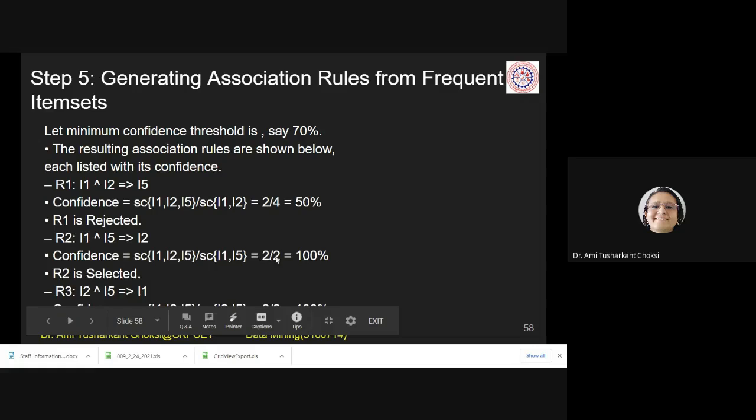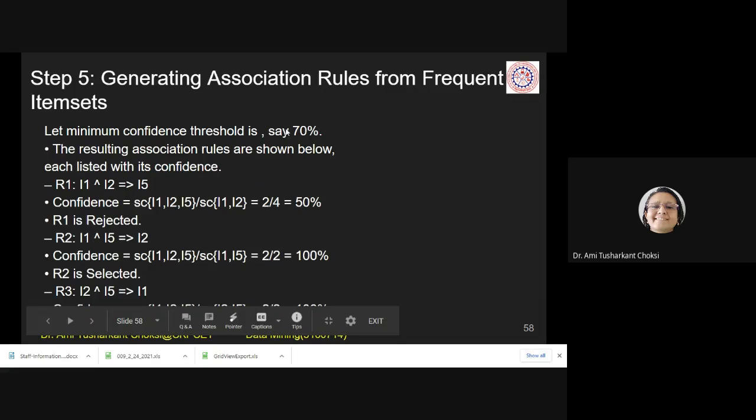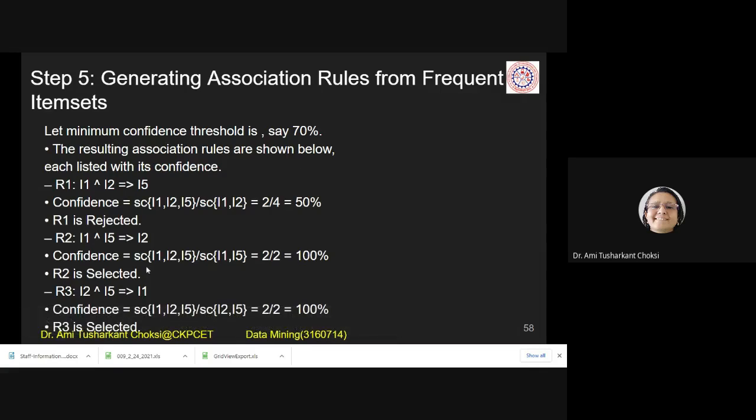So that is 2 by 2, which is equal to 100%. Wow, 100%, which is greater than the minimum confidence threshold of 70 percent. Fine. So the rule is selected, or we can say the rule is accepted.